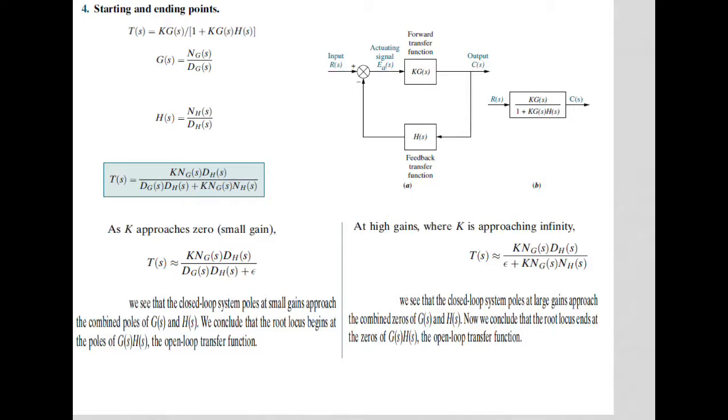That is, we evaluate T(s) for the small gain, k approximately equal to 0, and for the large gain, k approximately equal to infinity. We have to see how the transfer function varies for small and large gain.